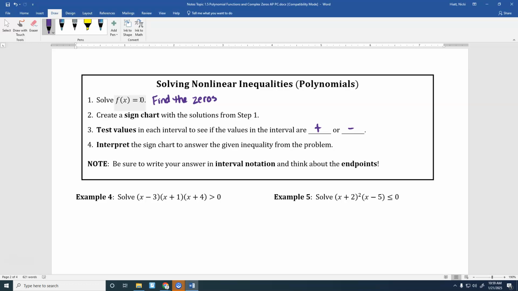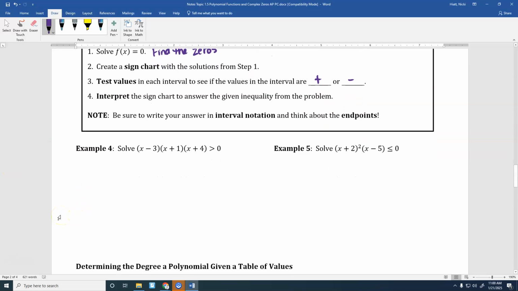Be sure to write your answer in interval notation and think about your endpoints. I guess inequality notation would be okay too, but we'll use interval notation is what I like better for that.